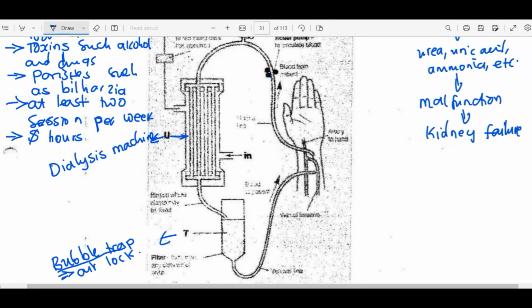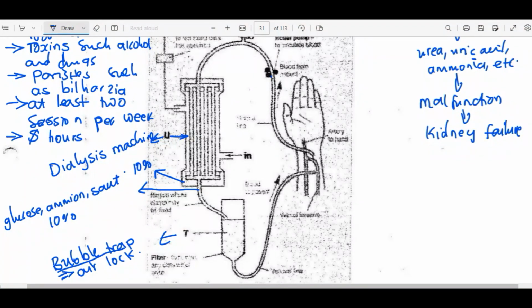So now let's look at the concentration. The first thing that should be done is they need to measure, for example, the concentration of glucose, then amino acids, then also, let's say, salt. If the concentration of these is 10%, then they have to make sure that the dialysis fluid must have 10% of these materials.